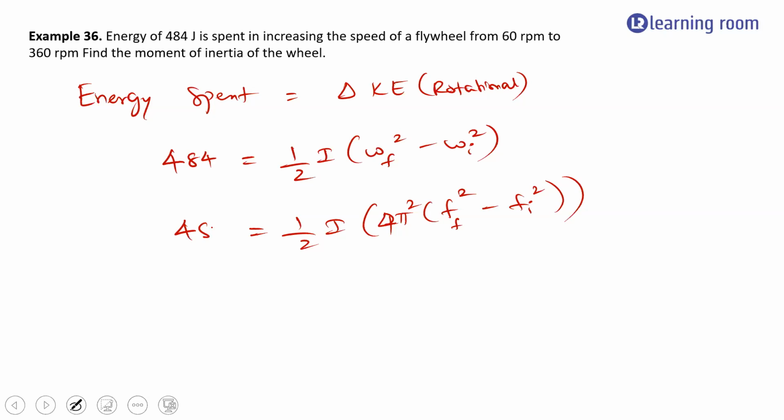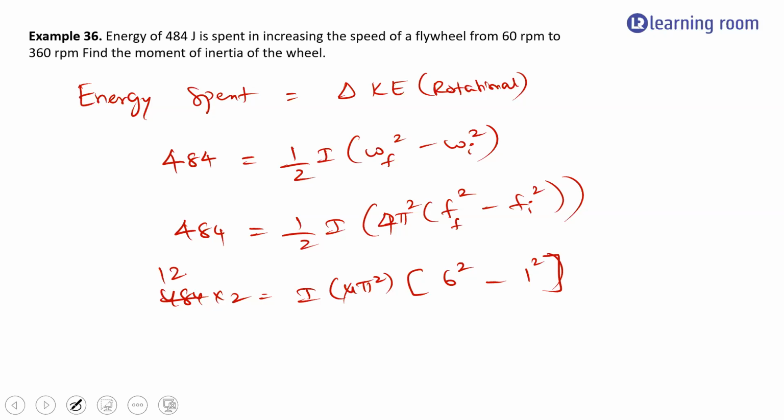So this is going to be 484. So 484 into 2 is equal to I into 4 pi square into f final square minus f initial square. f final is how much? 360 by 60, that is 6 square, minus f initial is 60 by 60, that is 1 square.